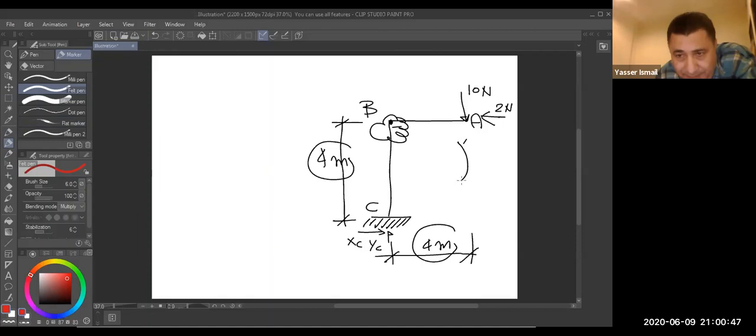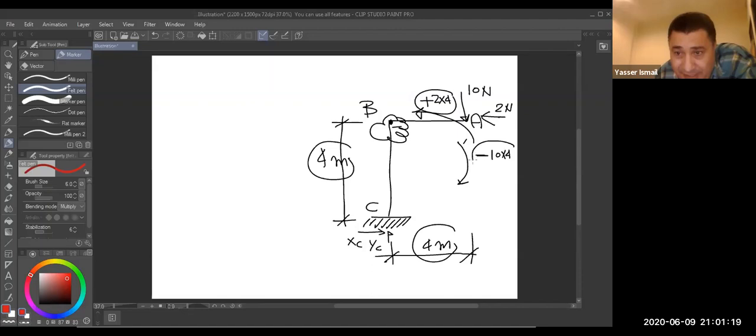Add one, see, coming here, this one makes tension in the upper fiber, that means this is negative. 10 multiply 4. And there is another moment in this direction, see, opposite. The 2 makes the lower fiber in tension, that means negative. Here is 2 plus 2 multiply 4.